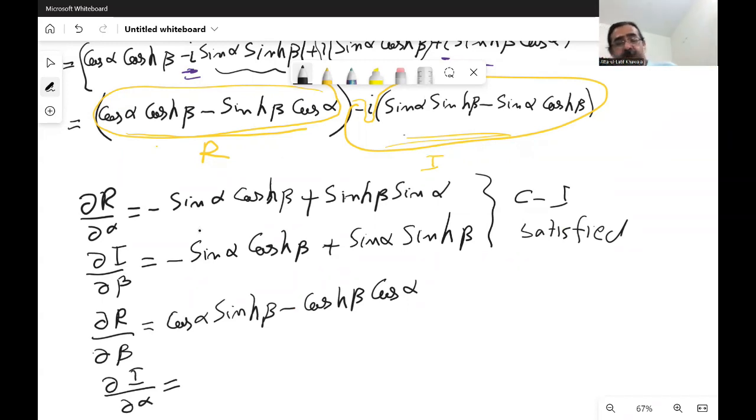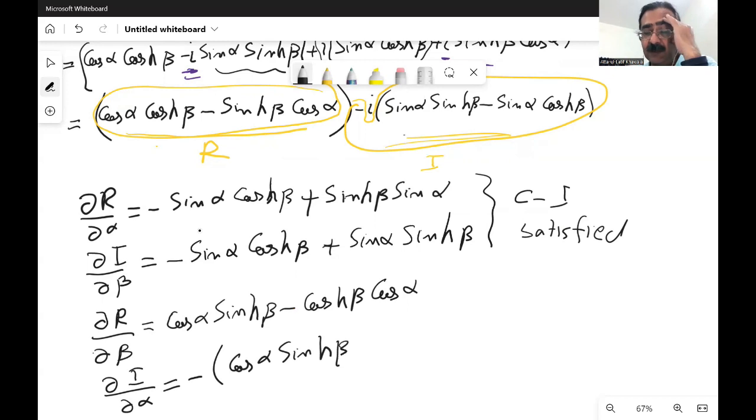if we take the derivative of I with respect to alpha, minus is common. Derivative of sine will be cos alpha. Sine hyperbolic beta will be a constant, so there will be no change.